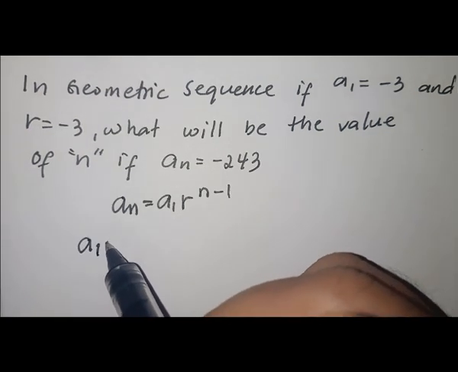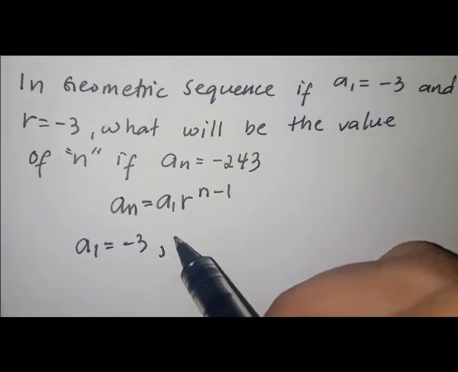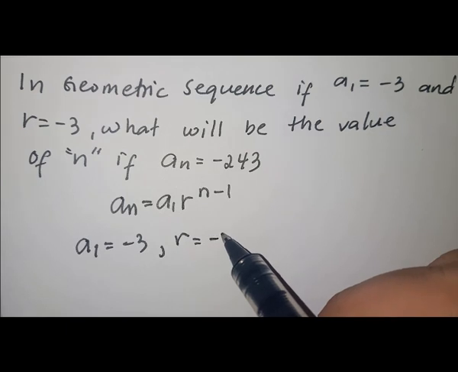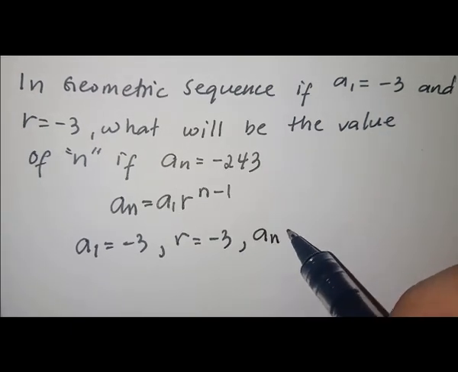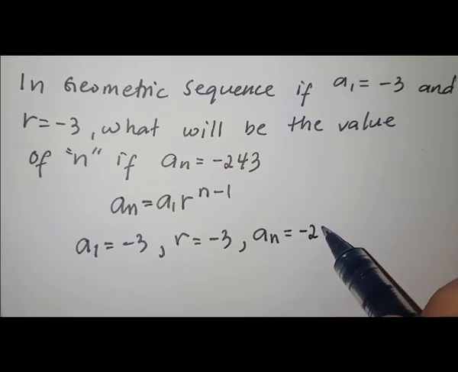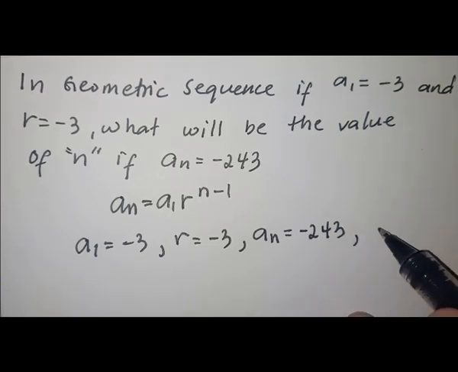So, ano-anong mga value ba ang meron tayo dito? Meron tayong a sub 1 which is equal to negative 3. Meron tayong r na equal din sa negative 3. Siyempre, meron tayong last term which is equal to negative 243. The problem is, hindi natin alam kung ilang term ng sequence ang meron tayo.